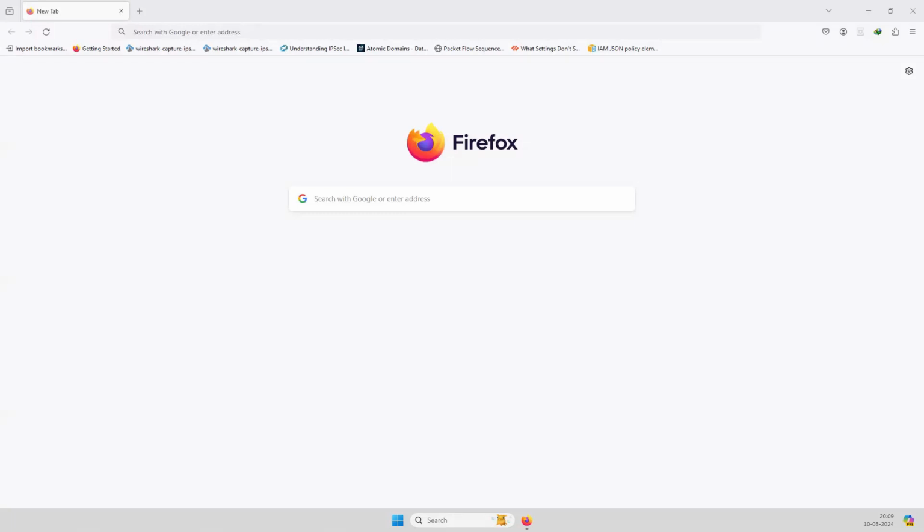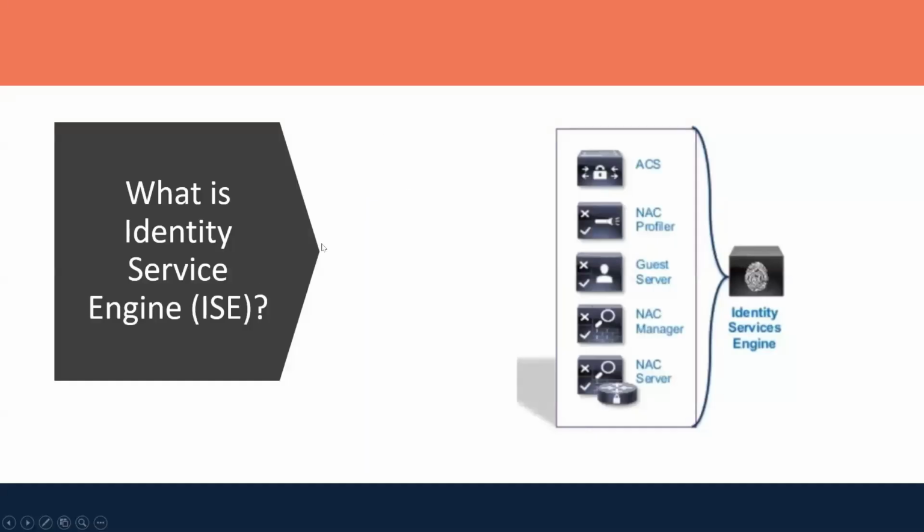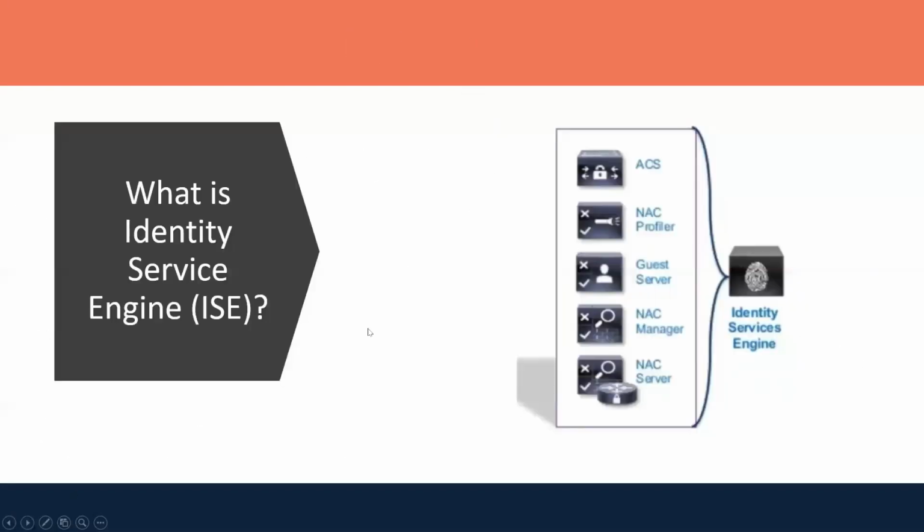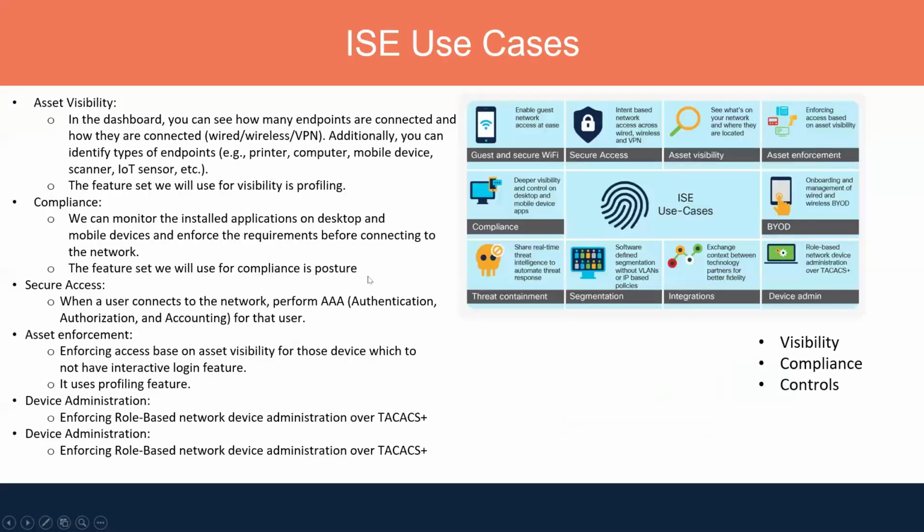Yesterday we talked about ICE use cases, and we discussed that ICE is a single device which can perform ACS function, NAC profiler function, guest server function, NAC manager, and NAC server function.